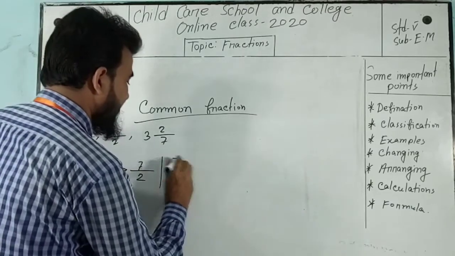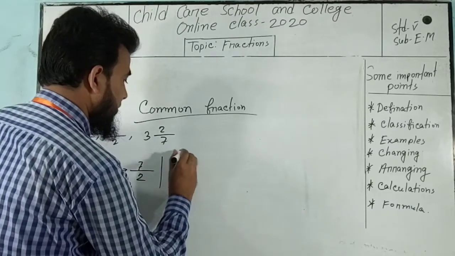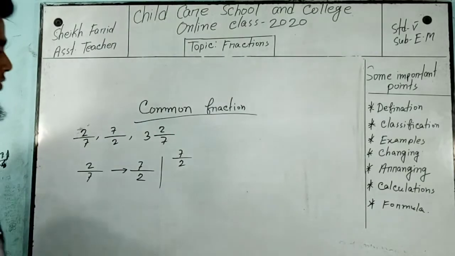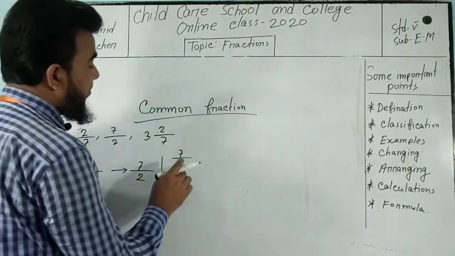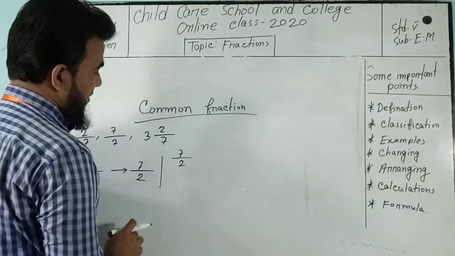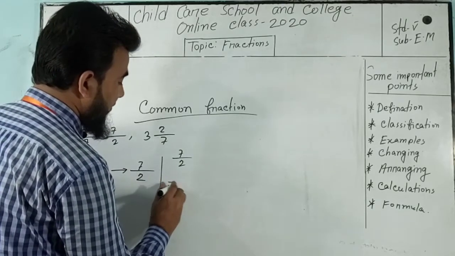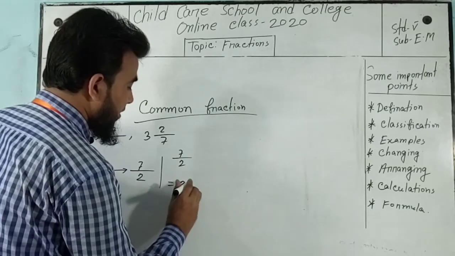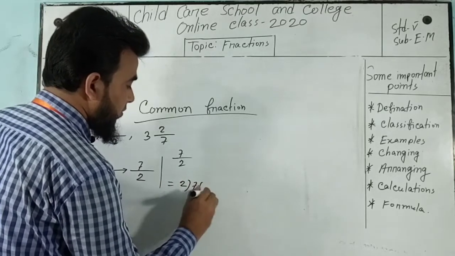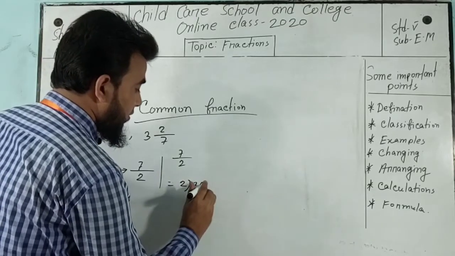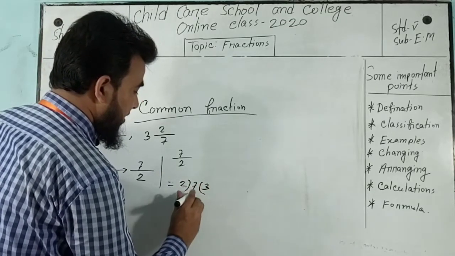Okay, another thing. Suppose this is an improper fraction. There is another topic, which is to make it a mixed fraction. We have to divide this. If we divide 7 by 2, what will be 2 threes? 2 threes are 6.